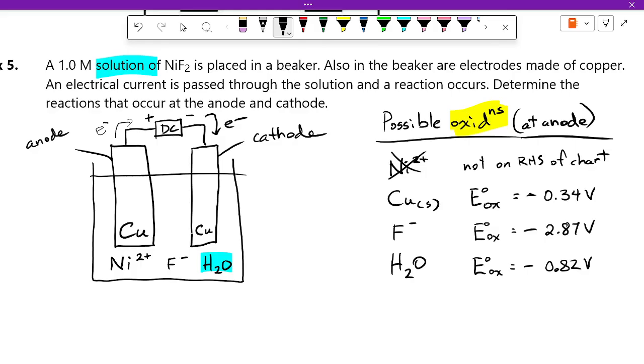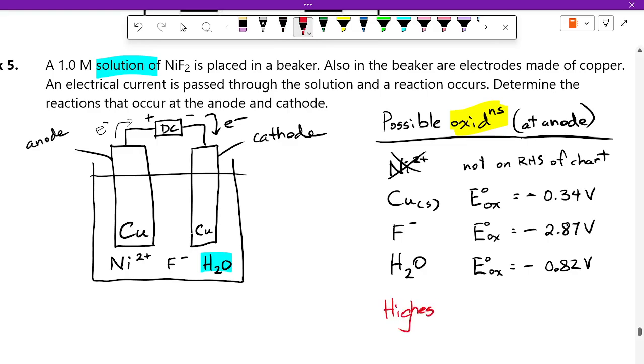Once you know those three values, what will you do? You're going to say, which one is the most favored? Which one is preferred? You look for the highest one.